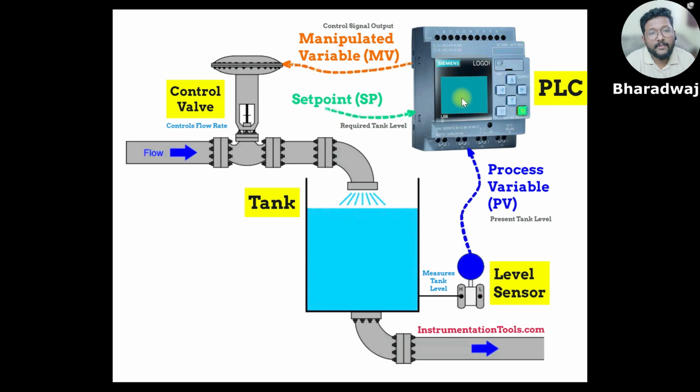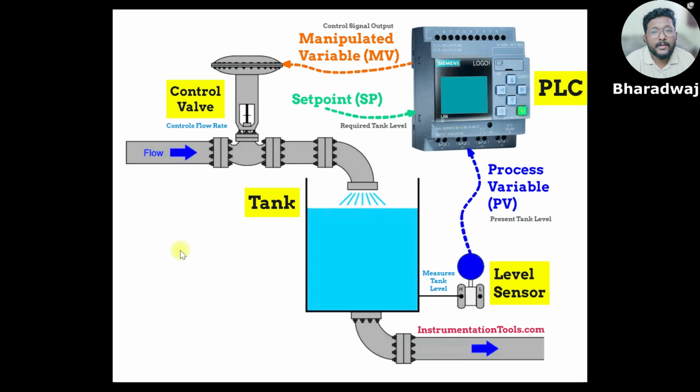Remember, whenever I refer to the controller in this video, I am talking about a programming block which we use in the PLC software. That block will generate an output and the PLC will send that output to the control valve. We call that the manipulated variable MV.